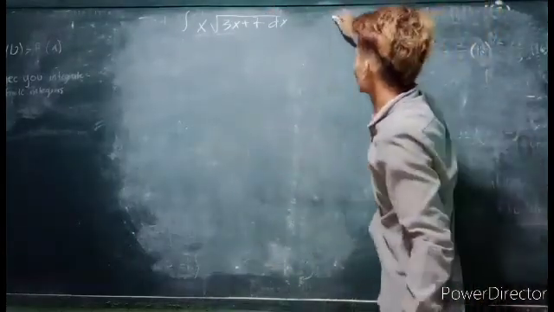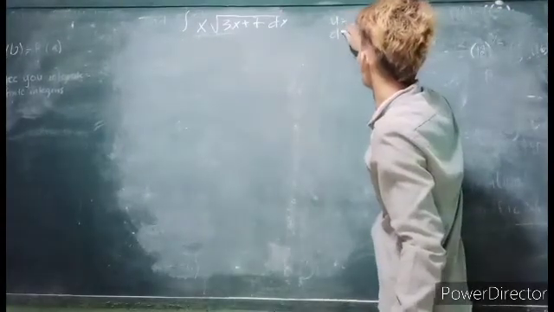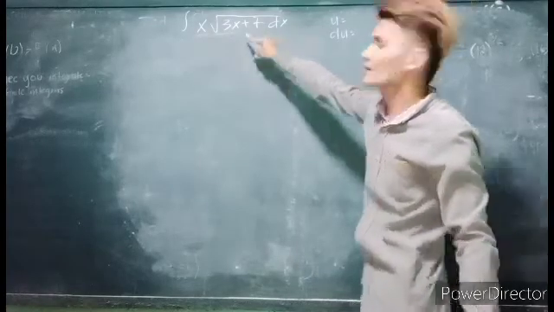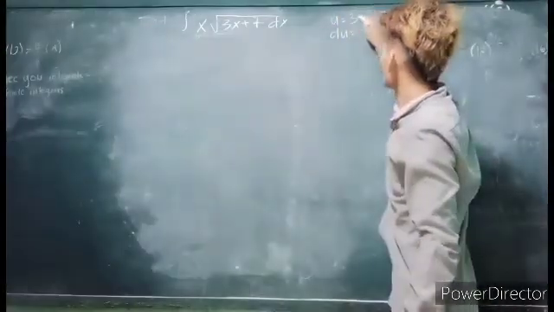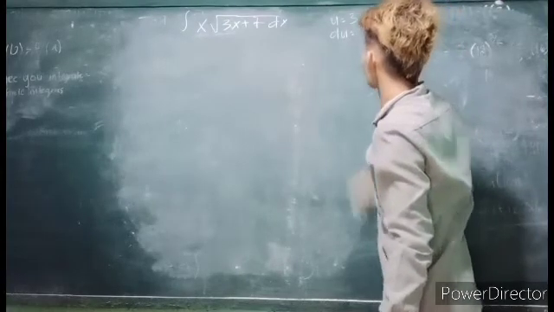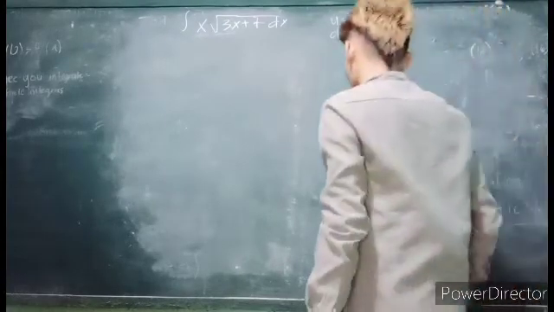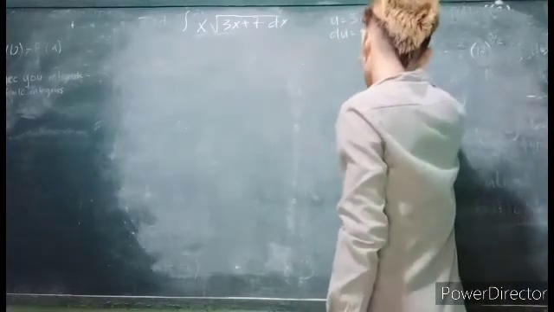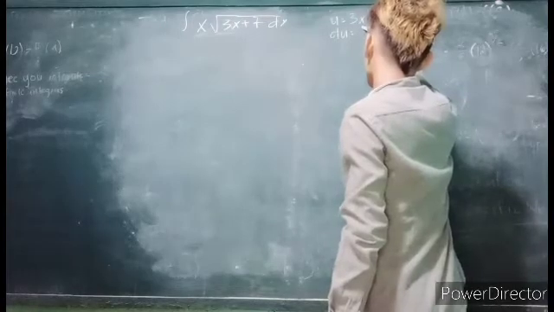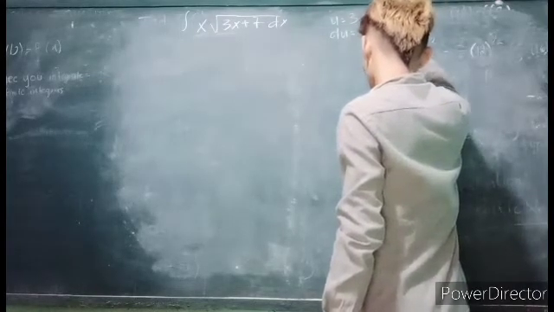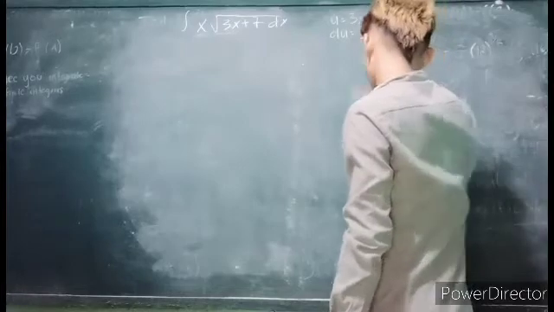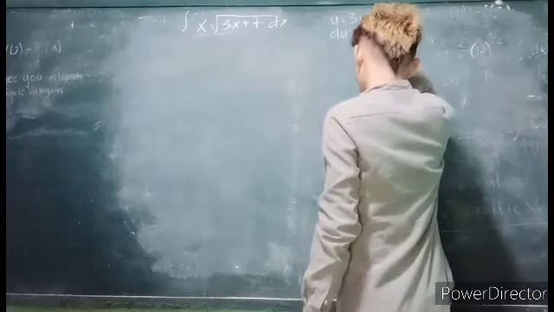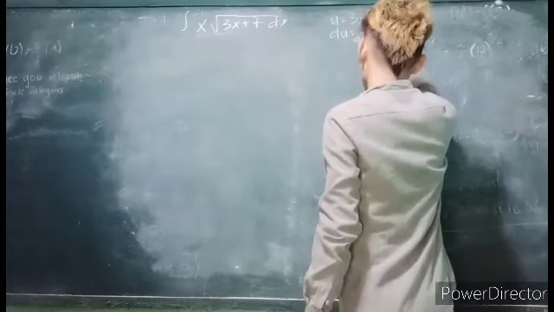Find the u and the du. So what is the u here? The u substitution here is 3x plus 7. Then find the du. So the derivative of 3x is 3. So 3 times dx.